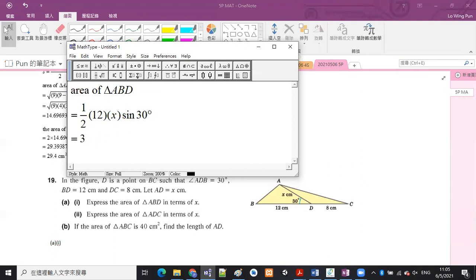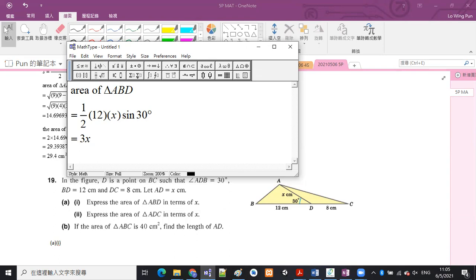And then the x is still here. The term is x, so you still need to write down x here. The pure number is simplified to be 3, and then the term is still x. And this is the area of triangle ABD, and it has a unit. What is the unit here?